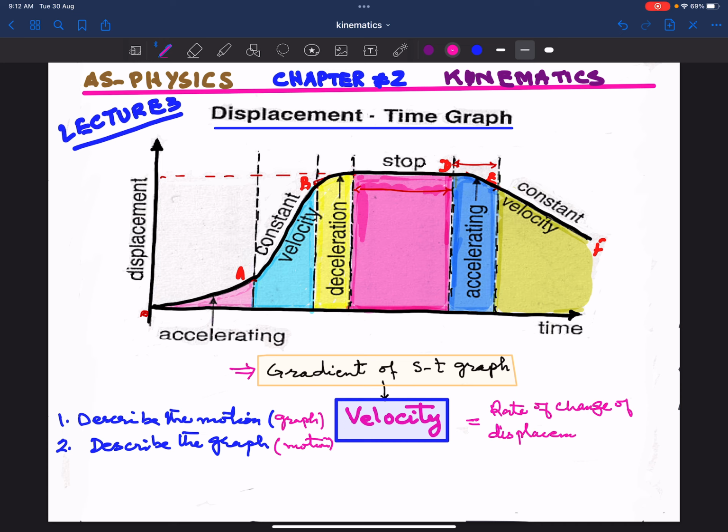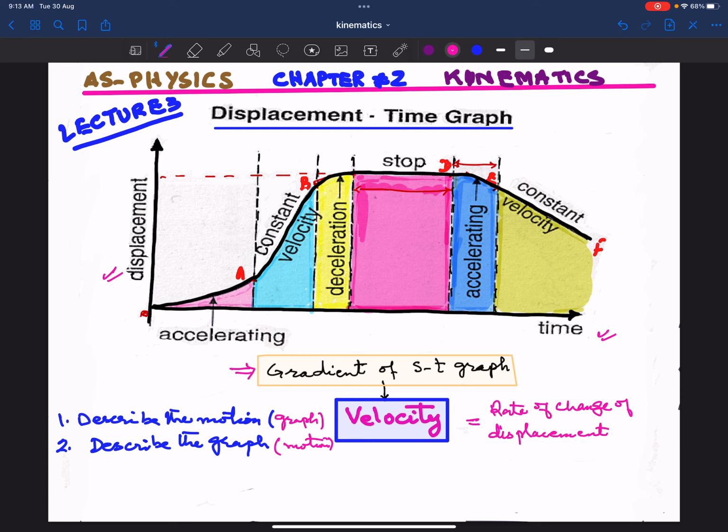Rate of change with respect to time is nothing but the gradient. So if we have a graph between displacement and time, then the gradient of the graph will give us the velocity.